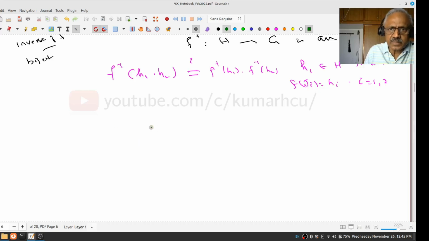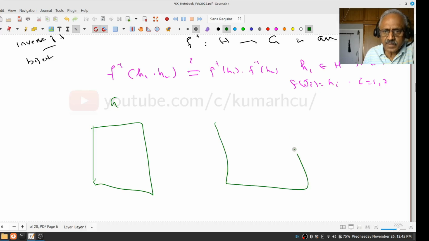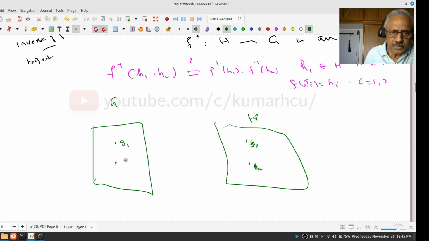Now what is F inverse of H1 H2? Let us look at an example so that you will know. This is my G, this is my H. I have G1, G2, H1, H2. Now let us look at G1 G2. Where do you think it will go under F?